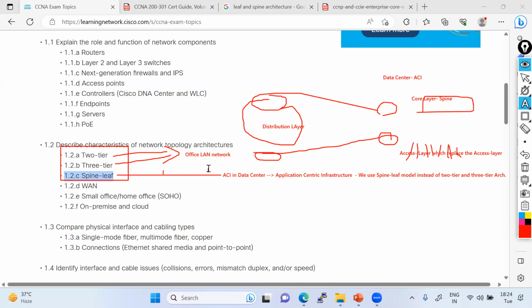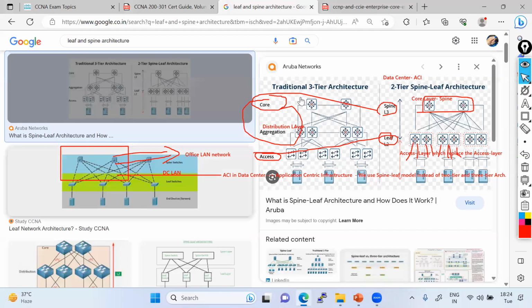And this one is for your DC LAN network. That's the only difference, but the model is the same. It's a two tier architecture, and these are the two and three tier architecture. So always go and search this in Google and find such beautiful diagrams which you can refer to and get clarification from. Okay, so this is another story.